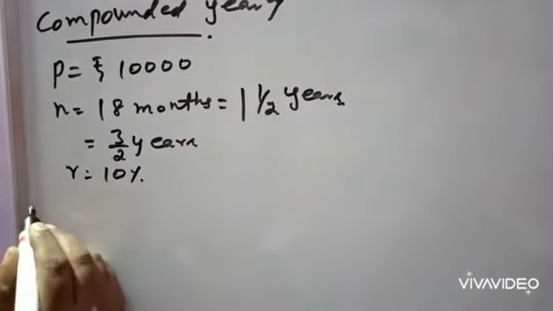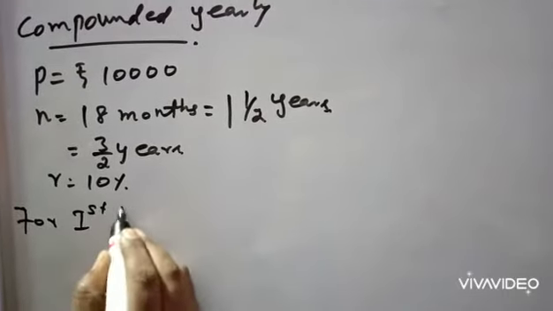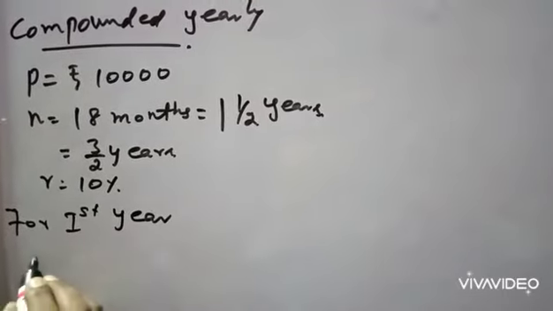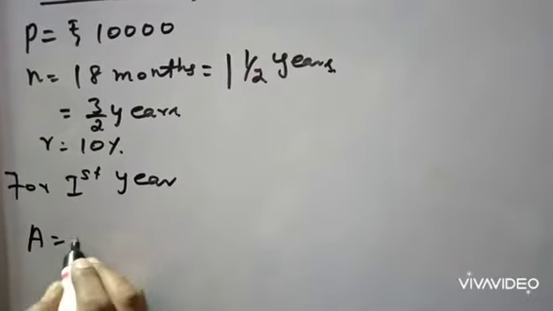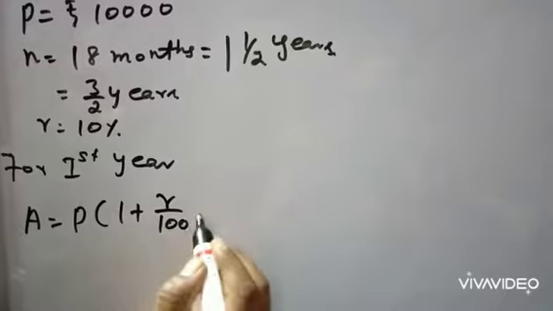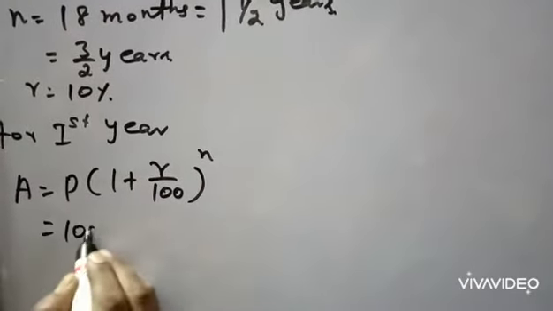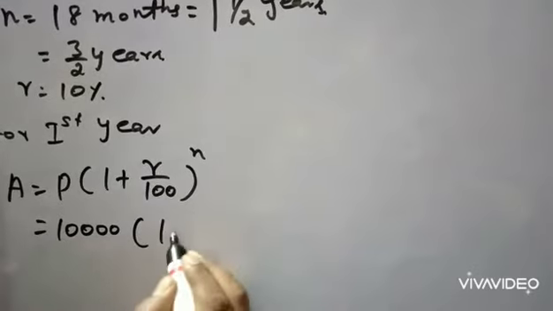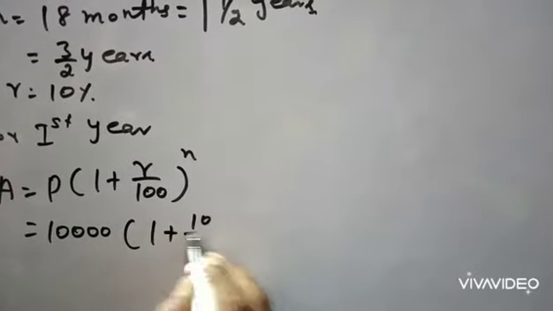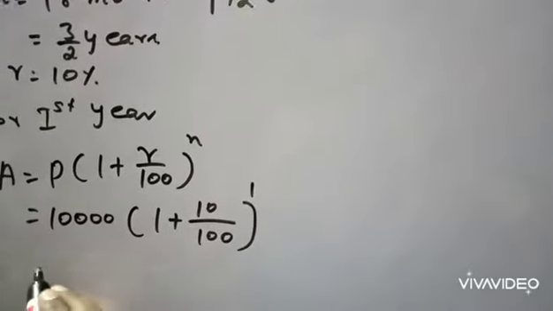So for the first year, amount equals P into (1 plus R by 100) power n. So we apply 10,000 into (1 plus 10 by 100) power 1, first year.